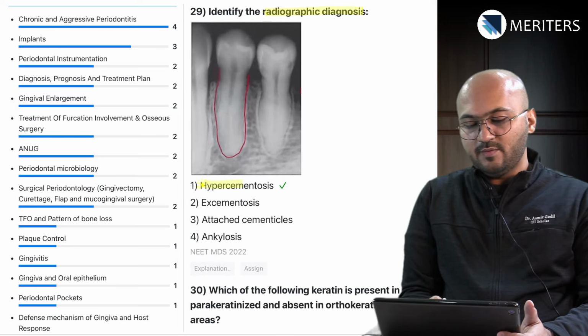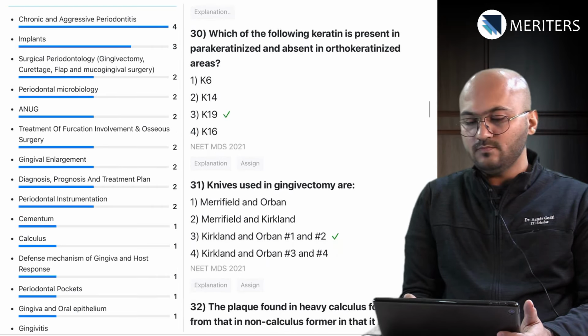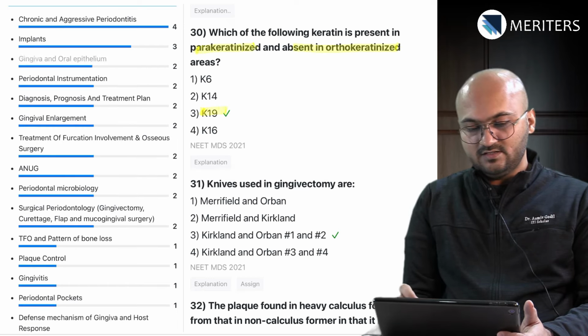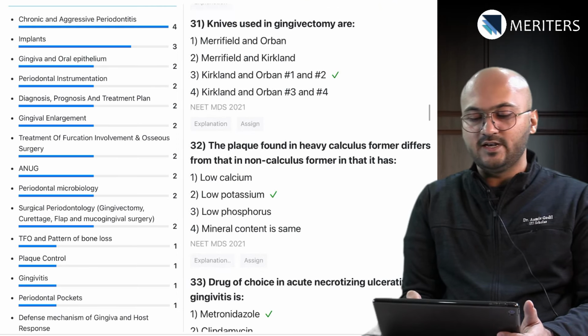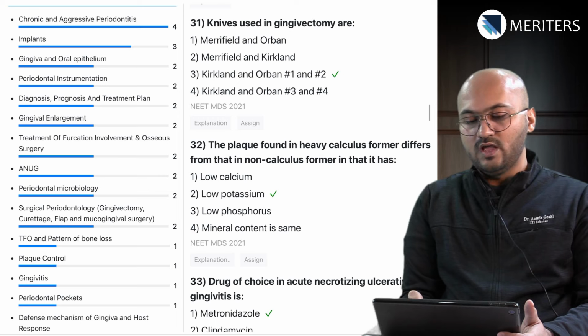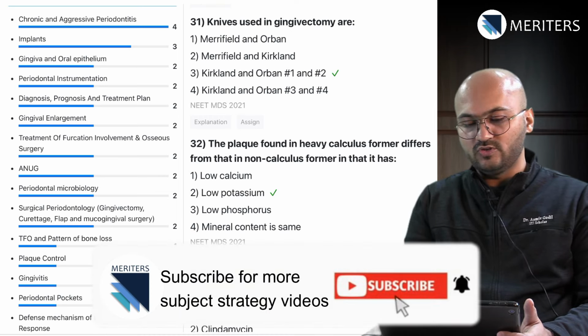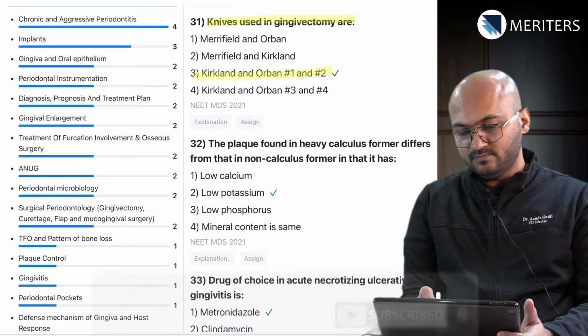Radiographic diagnosis of hypercementosis. There's an IOPA given. Which of the following keratin is present in parakeratinized and absent in orthokeratinized areas? That's gingiva and oral epithelium. Now, gingiva and oral epithelium is also covered under dental histology. In fact, all four periodontal structures, you will find more questions in DH and Perio both, right? Knives used in gingivectomy, Cochlear and Orban, 1 and 2.